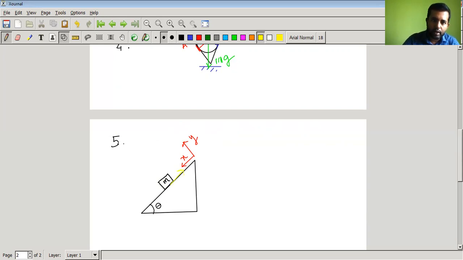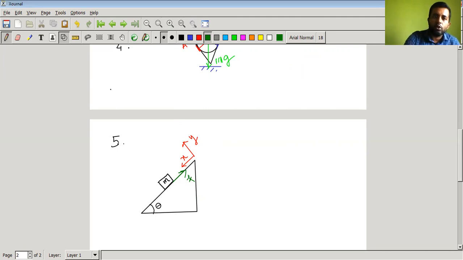Sorry for using the color. So this will be the direction of friction. I'm writing small f for it. Now, friction opposes relative motion, right? So if there is no friction, it will slide down. So friction must be in this direction.